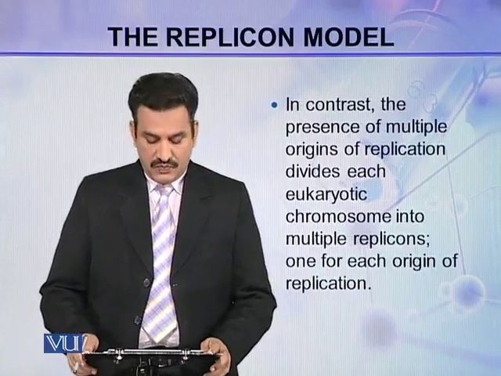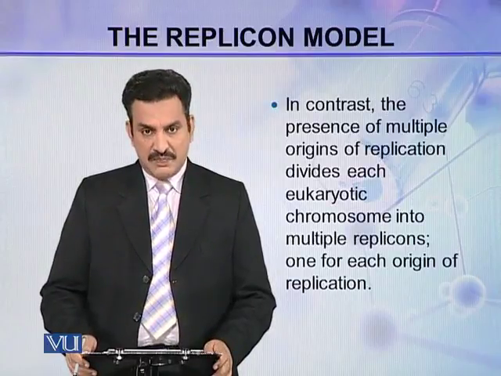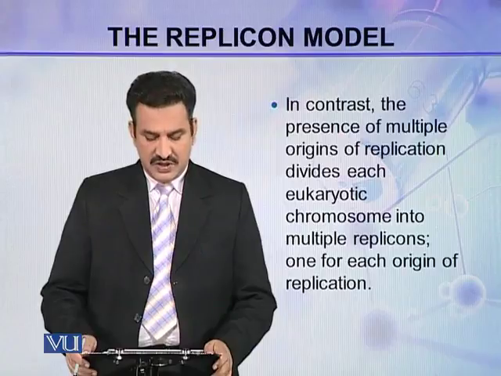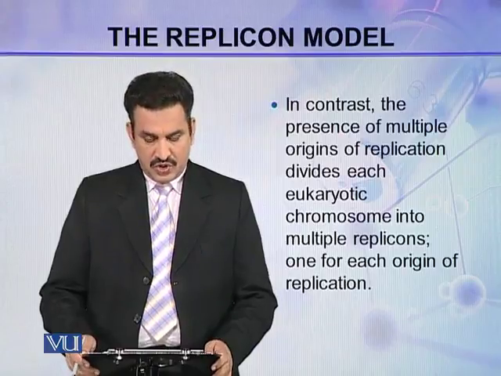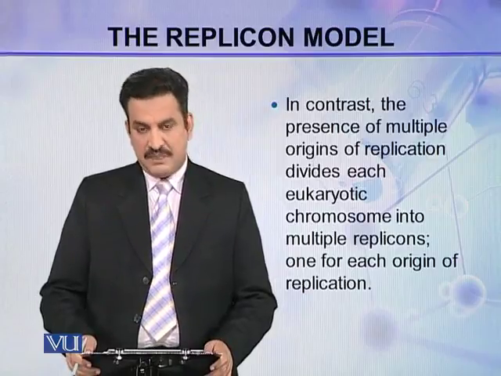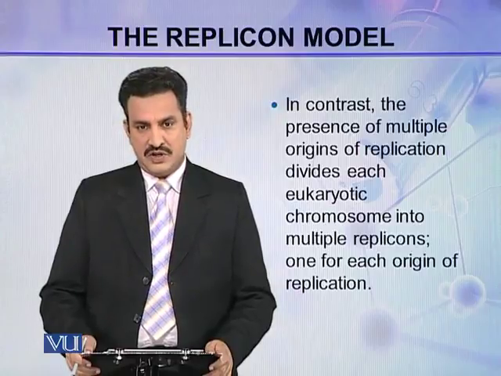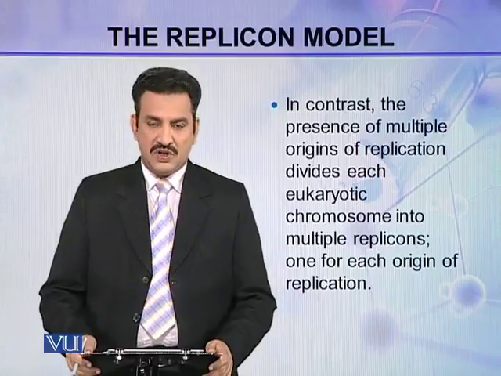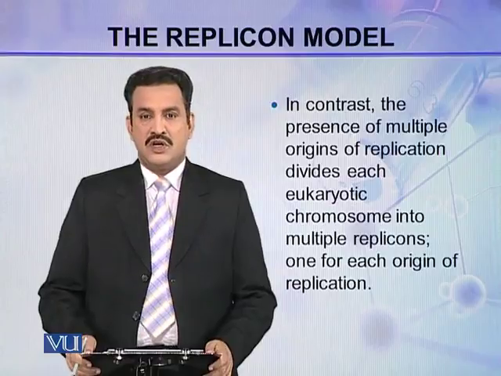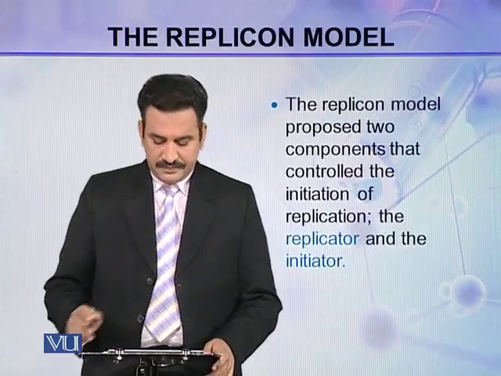While in the case of linear chromosomes, the presence of multiple origins of replication in eukaryotic chromosomes results in multiple replicons, one for each origin of replication. So the replicons are equal to the number of origins of replication.